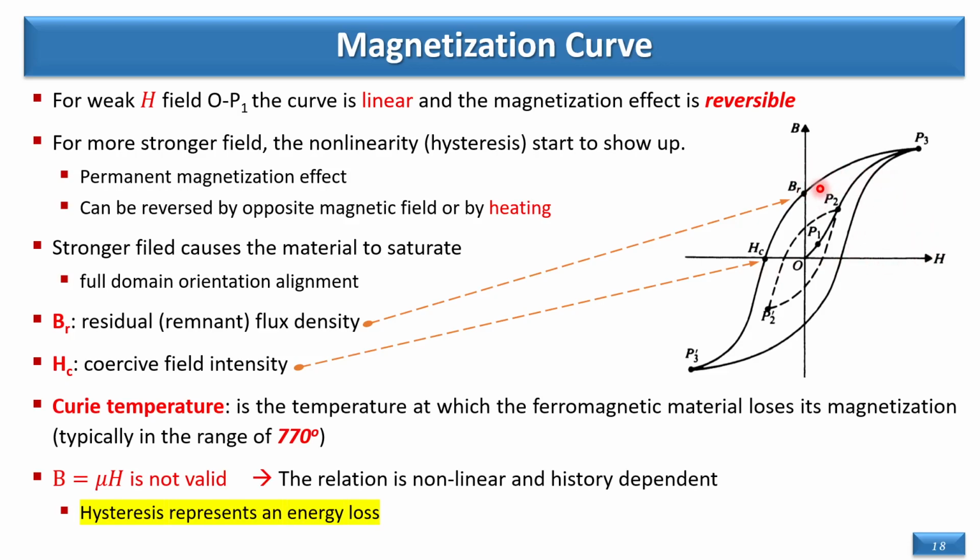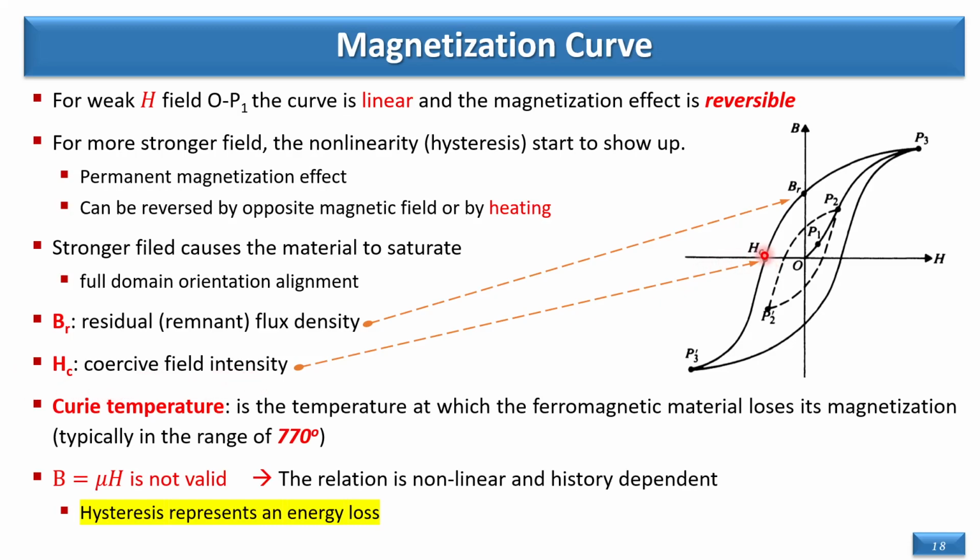In order to remove the magnetization, we need to do one of two things. Either we apply an inverse magnetic field: if we start to apply the magnetic field in the other direction, the magnetic flux density inside the material will start to shrink until it vanishes, and this value of the reverse magnetic field is called the coercive field intensity.